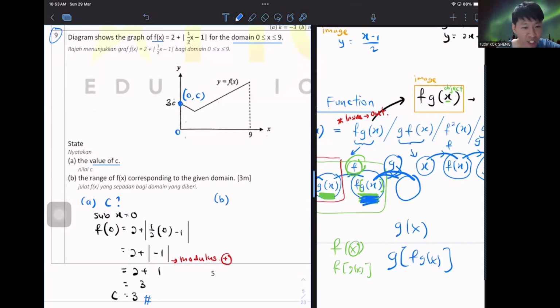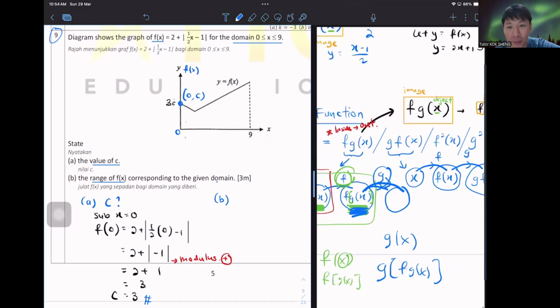Okay, still good, not too hard. Okay, B: state the range of f(x) corresponding to the given domain. You have to find the range of f(x), which is the y over here.